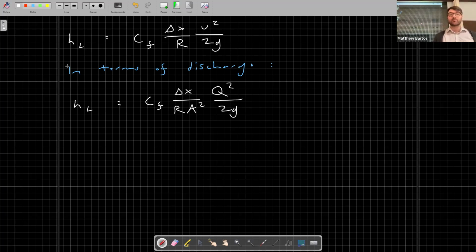And we can also rewrite the friction loss equation with the discharge as the dependent variable. So all I'm going to do is rearrange this with q on the left-hand side. This is another way that we'll be looking at this equation. So we can write the friction loss with U or Q as the dependent variable.